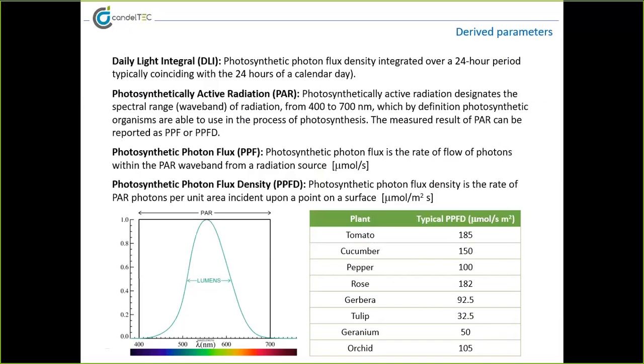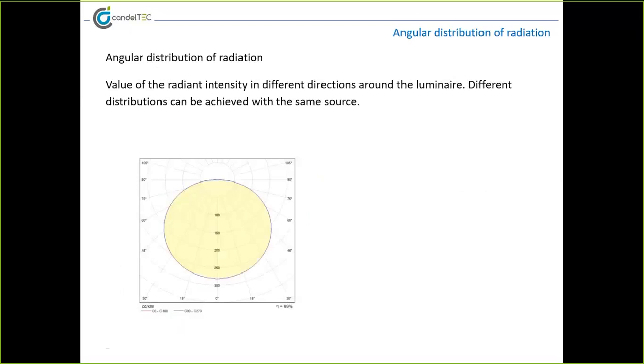Photosynthetic photon flux density is similar to photosynthetic illuminance measured in lux. Like illuminance, the average PPFD is often used as a target light level criterion for growing crops. PPFD and duration of exposure are used to calculate the daily light integral, DLI, in micromoles per square meter per second.